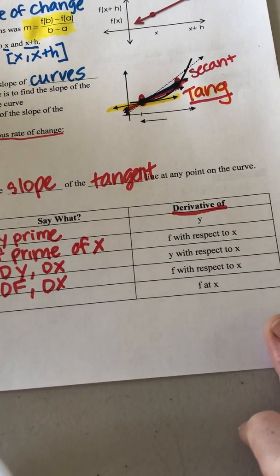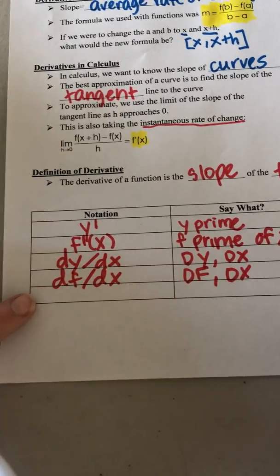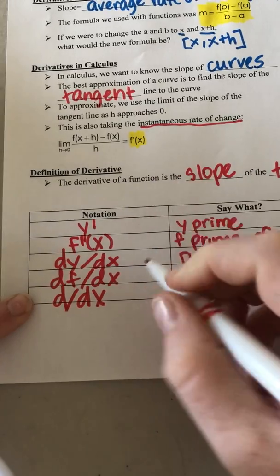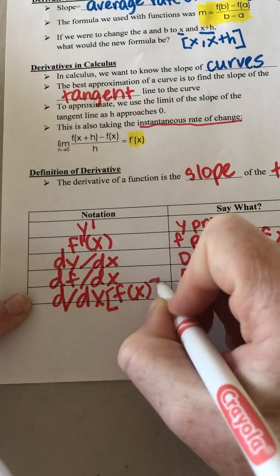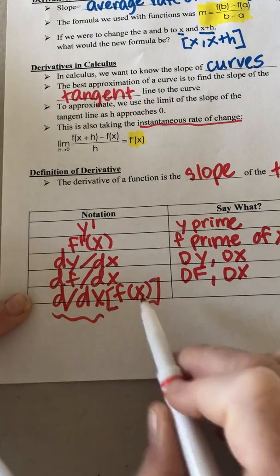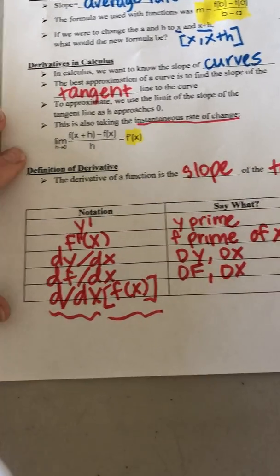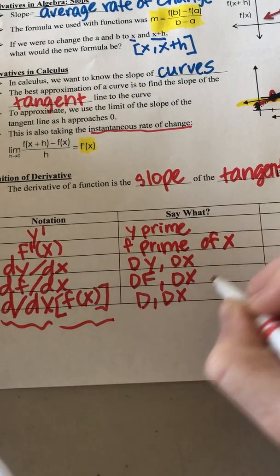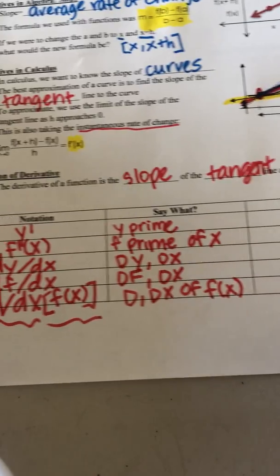Derivative of f with respect to x, and then you still might see this, but probably will see this the least, d over dx of f of x. Okay, and that literally means take the derivative of f of x. So what do we really say here, though? d dx of f of x. Just so you know how to read it.